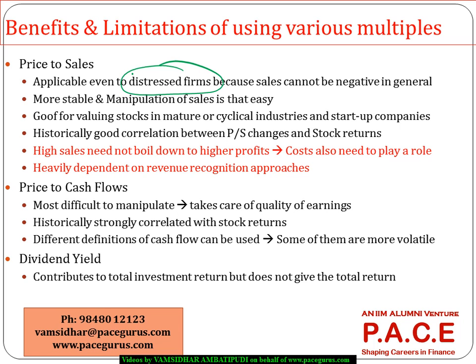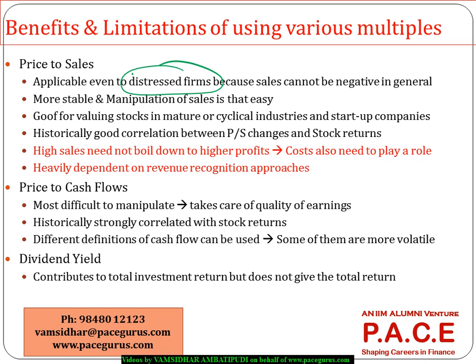Then the next, when I look at the price to sales ratio, even a distressed firm can use the price to sales ratio, because at least for a distressed firm, there is a possibility that the book value can go negative. That means a series of negative profits over the last few years, and all retained earnings are going more and more negative each year.